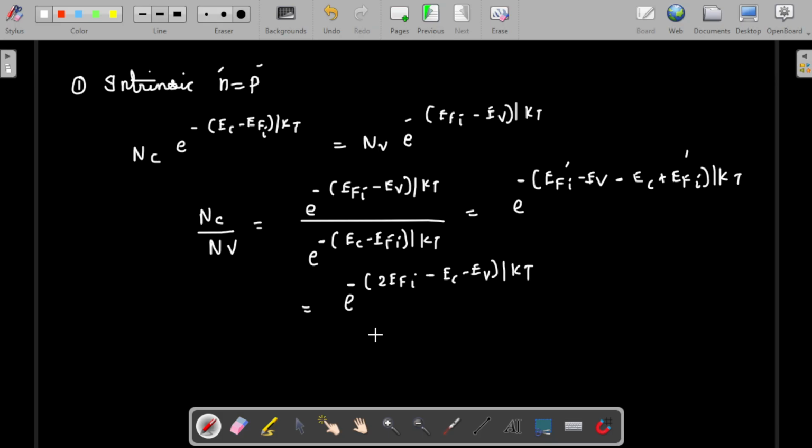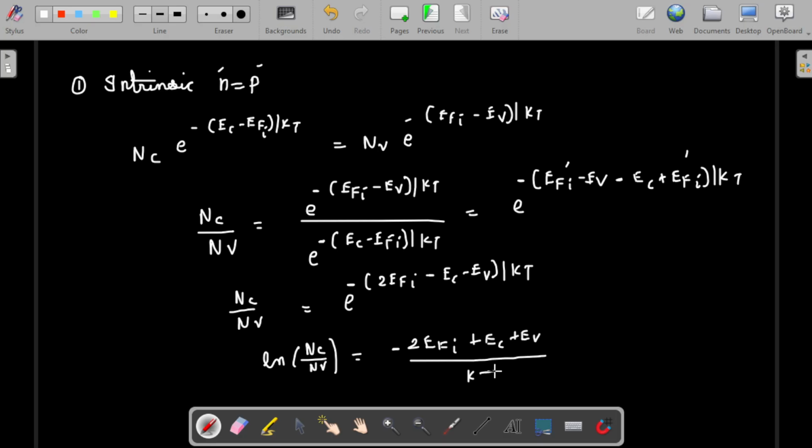Let's bring this e to this side. If we take ln, e will get cancelled. So it will be ln NC divided by NV, which will be equal to 2EFi, and let's bring this minus inside, then this will be EC plus EV, divided by KT.